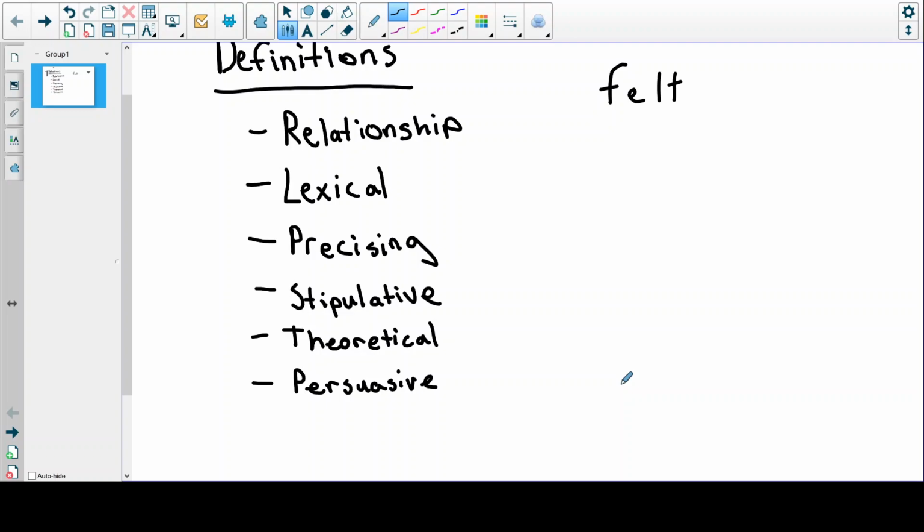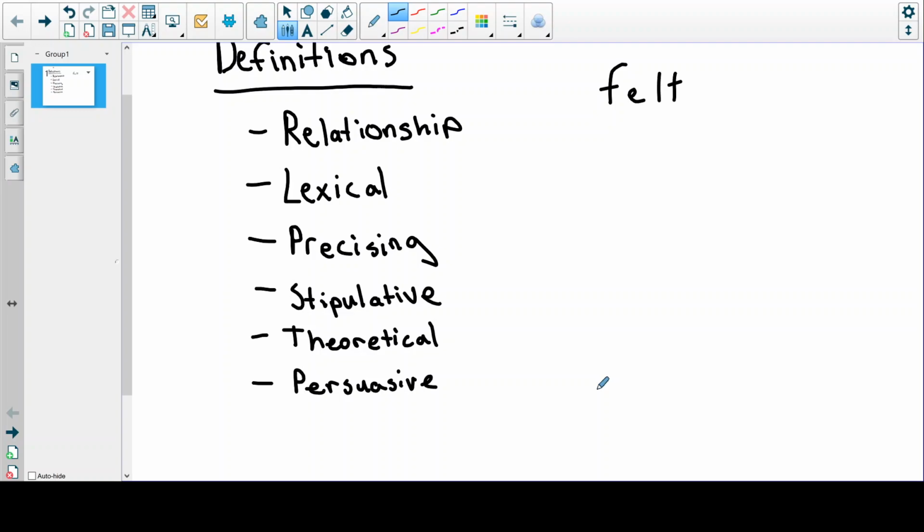The last is persuasive. Persuasive definitions are how you word an object to make it persuasive to your audience. By adding more adjectives and using the innocent children type of definition, you go to one extreme and define the term in that extreme.